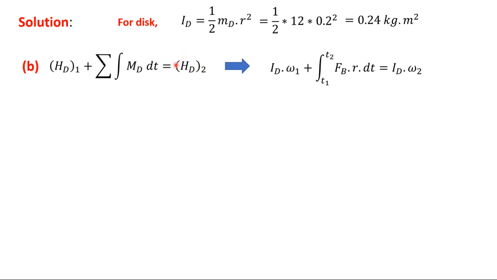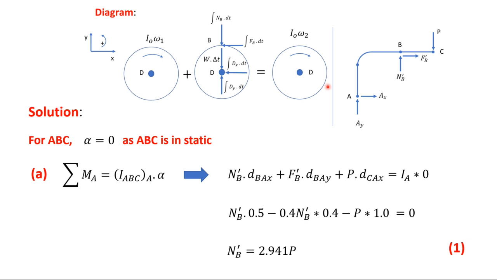We said that this will be the angular impulse for the calculation, and it's going to be equal to the ID multiplied by the omega. The omega 1 is 20, the omega 2 is 0, so this part goes to 0, and we just need to find what the moments around the point D are. If we go back to the free body diagram, you'll find that the only moment around the point D, let's go back.